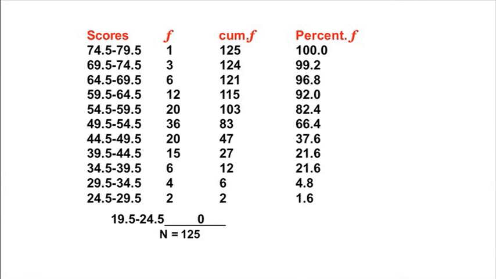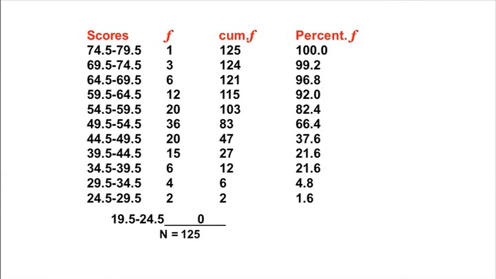I have taken one score below, as I told you, just to start my graph on the baseline. I have assumed it is 0. So, it is 2, nothing plus 2 is 2, 2 plus 4 is 6, 6 plus 6 is 12, 12 plus 15 is 27, 27 plus 20 is 47. Likewise, we will calculate the cumulative frequency.